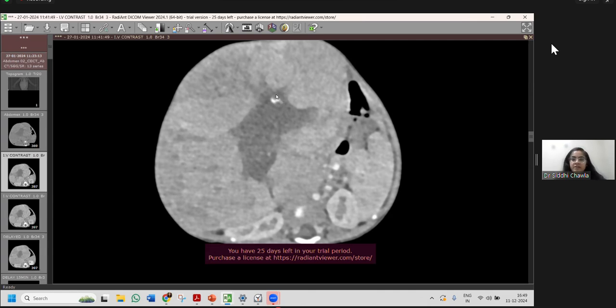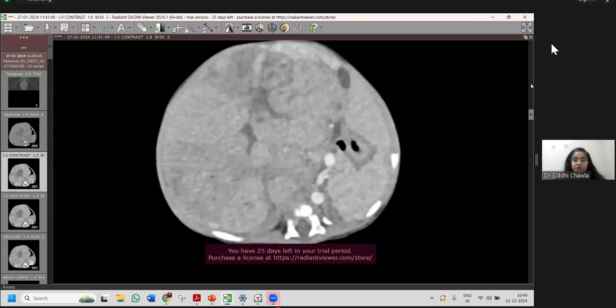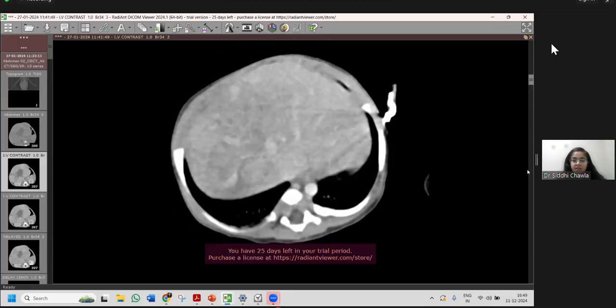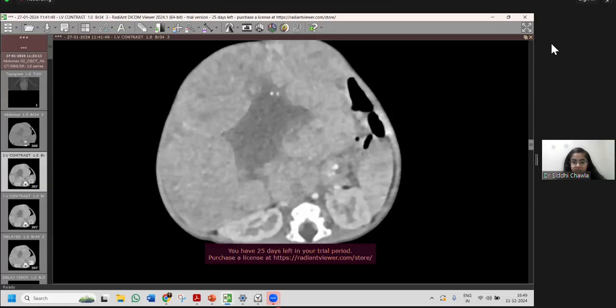So never get confused with a single foci of calcification. Neuroblastomas tend to have macro calcifications, whereas this calcification we see only in the necrotic part. The enlarged tumor, the entire part of the tumor, does not have any predominant calcifications.